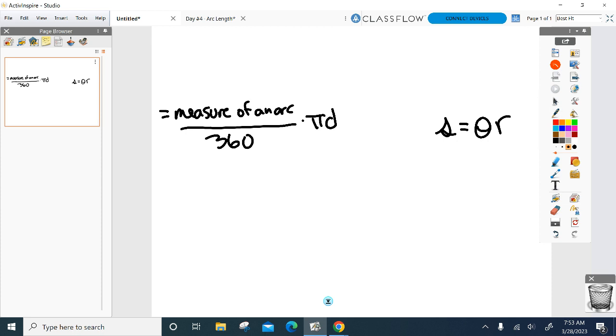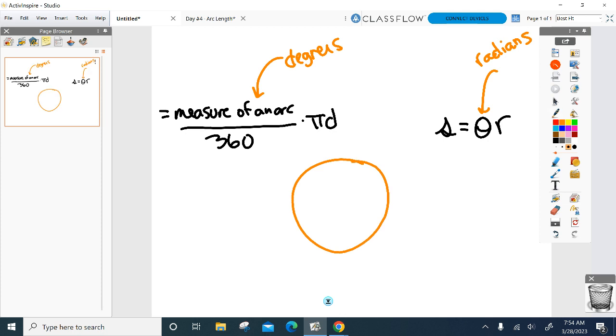Problem is, the first formula for length of an arc can only be used if my angle's in degrees, versus this one, where my angle's in radians. So I have 2 formulas that do the same exact thing, except it's a matter of: is this angle in degrees or is it in radians?